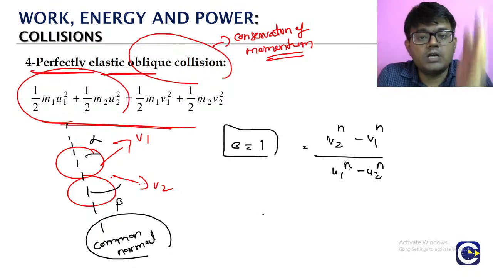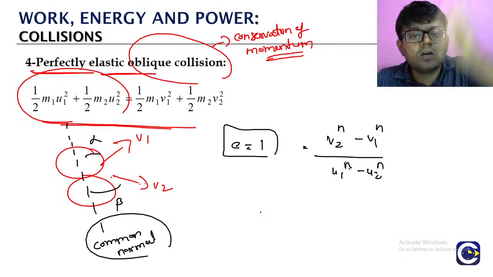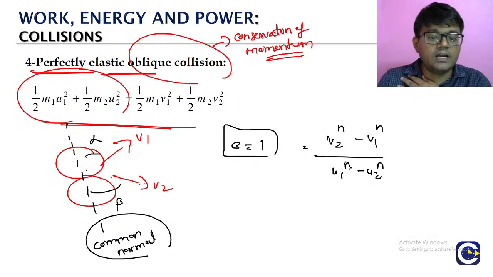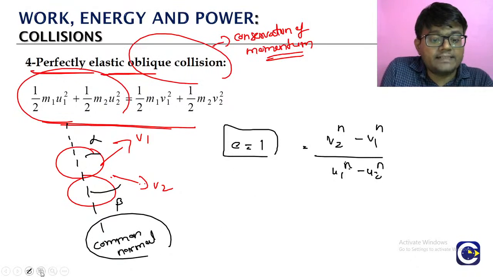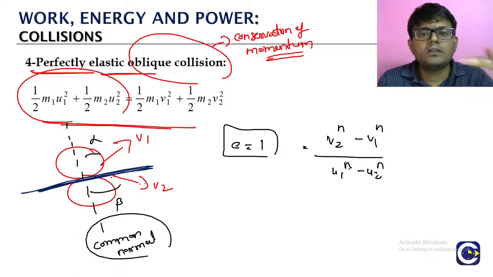So the coefficient of restitution is only defined for the normal components of the velocities, and already we said the components of velocities along the contact surface will not change.